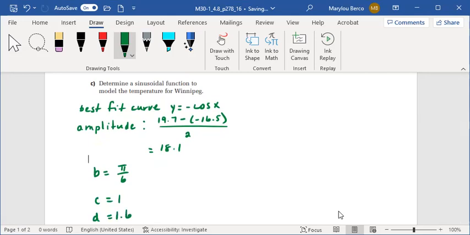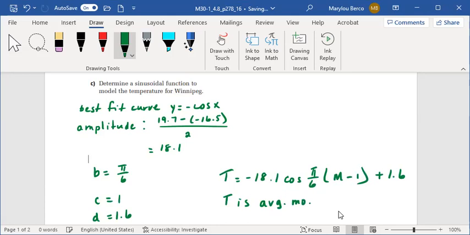So a sinusoidal function to model the temperature for Winnipeg is T equals negative 18.1 cosine pi over 6 (m minus 1) plus 1.6, where T is the average monthly temperature in degrees Celsius, and M is the time in months.